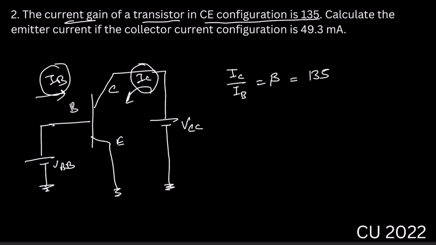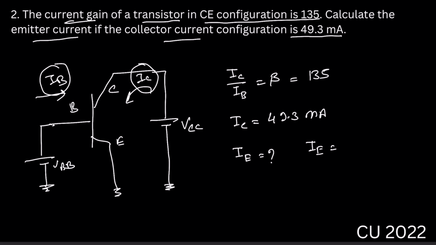And they ask here, calculate the emitter current if the collector current is 49.3. That means here they mention IC equal to 49.3 milliampere. Okay, and they need IE. So we can write down IE equal to IB plus IC. As you can see here, this is IB and this is IC, right? And this one is the IE.